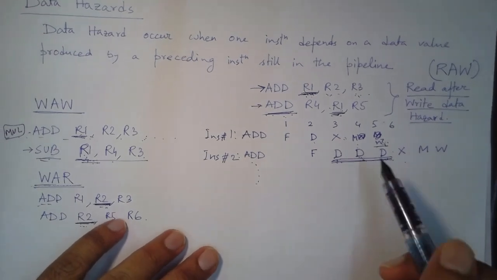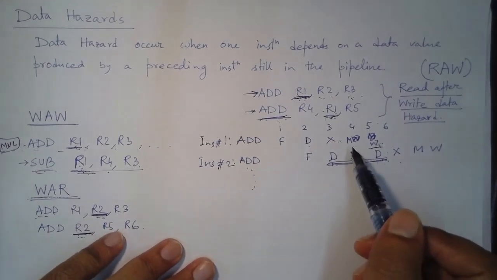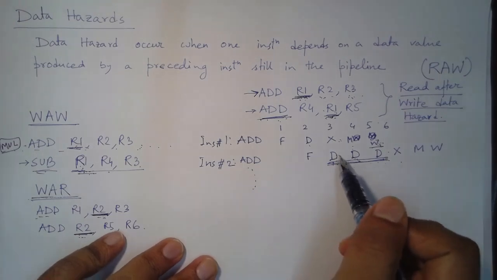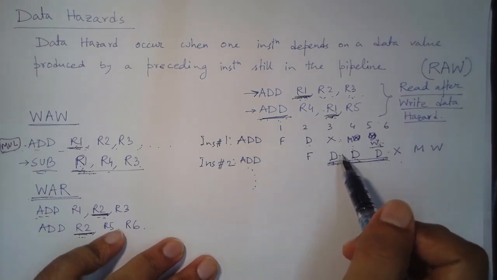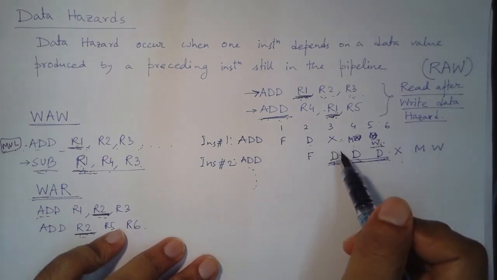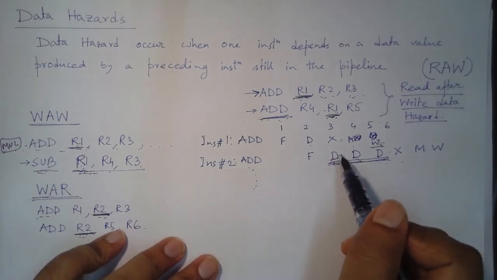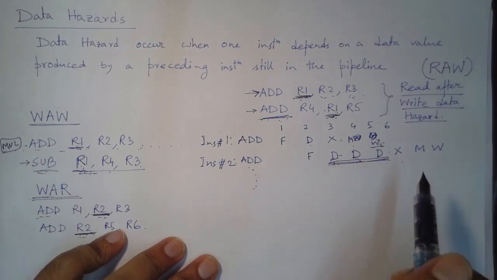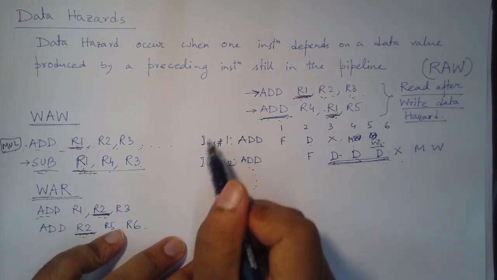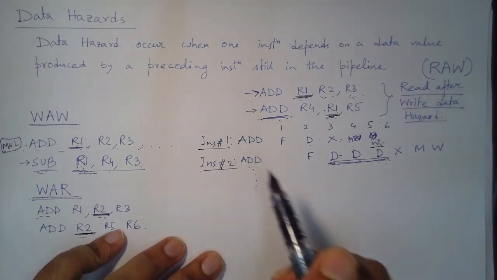Now, some of you might get confused that is it not required in the decode stage? It is required in the decode stage, but you are not using that value in the decode stage, right. So, you will be using this value in the execution stage only. Now, if you look at this instruction, so this is very important.